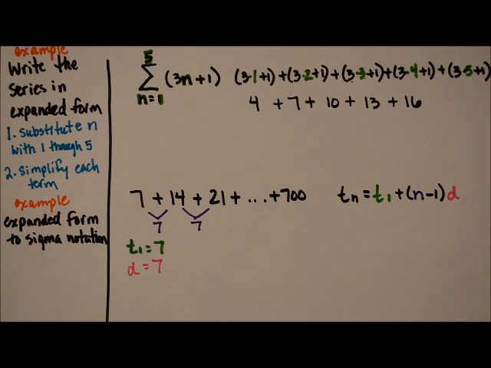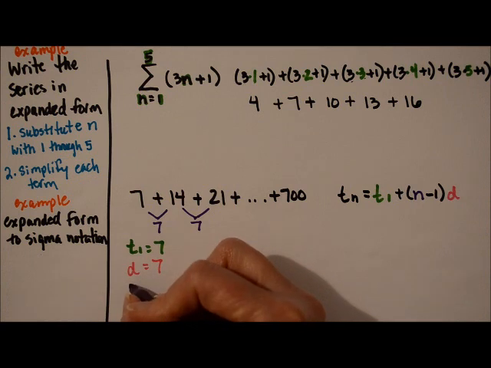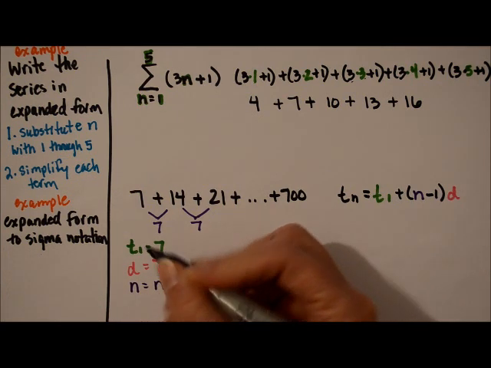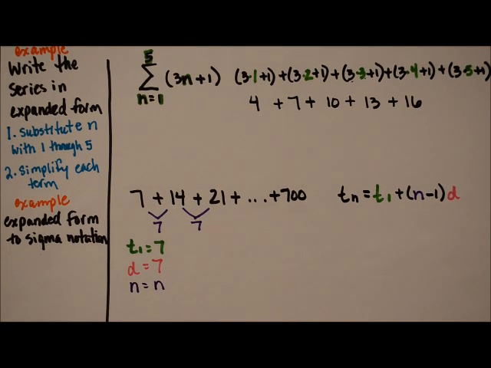And n, I don't know what it's going to, you know, is it going 1 to 5? I don't know. We'll figure it out, and I'll show you how to figure that out in a minute. Alright, so what I'm going to call n then is just n. So I'm going to say n just equals n, and that's what I'm going to put into my equation.